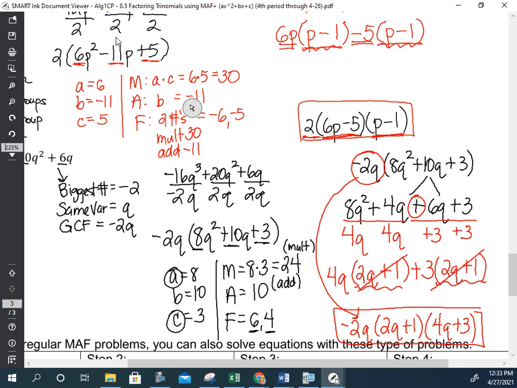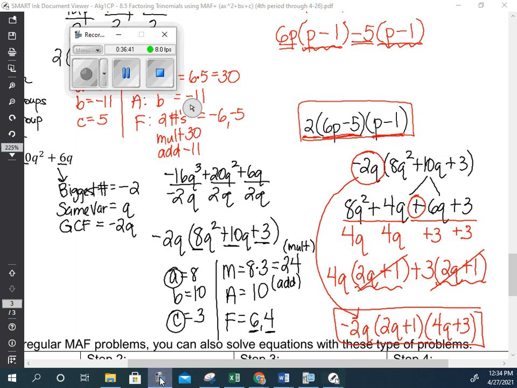Problem 2, take out the greatest common factor, then identify A, B, and C. Problem 3, take out the greatest common factor, identify A, B, and C, then do MAF. Problem 4, take out the greatest common factor, identify A, B, and C, do MAF, now split the middle term off. It's literally forcing you to do every single part, but it's giving you practice in doing it as well. So, practice makes perfect.